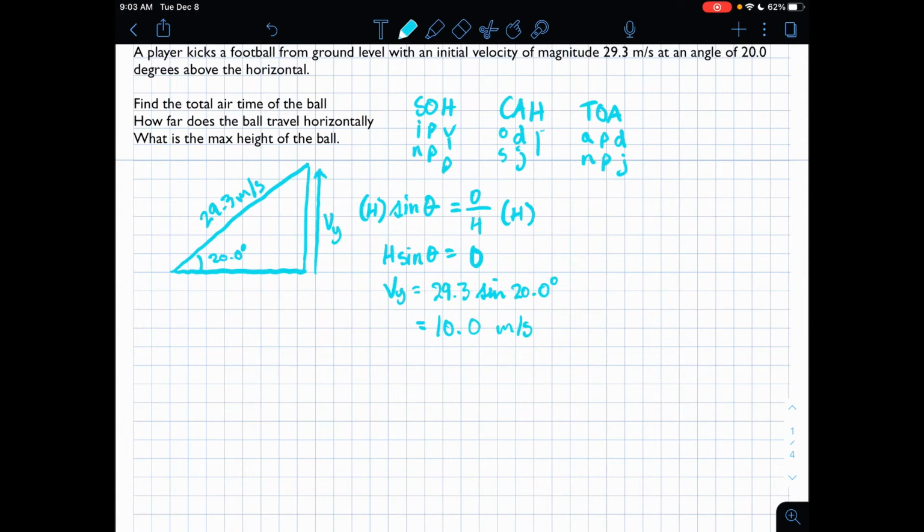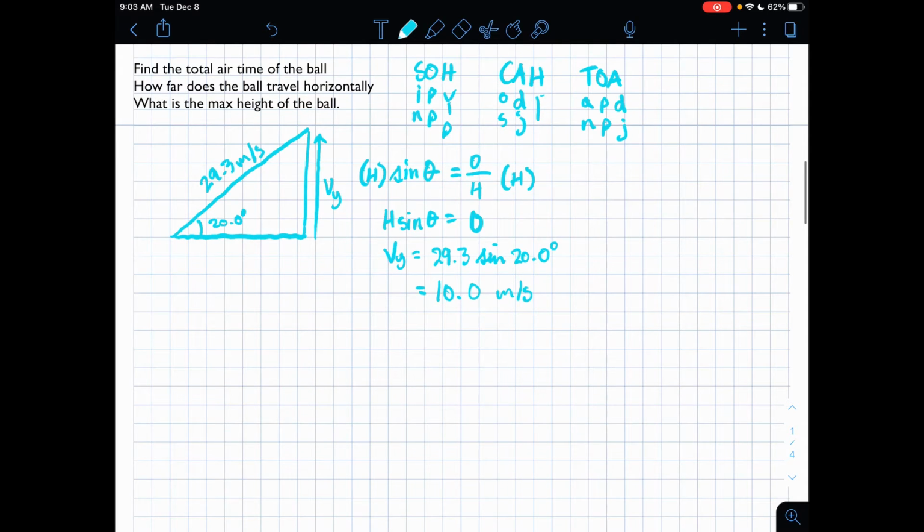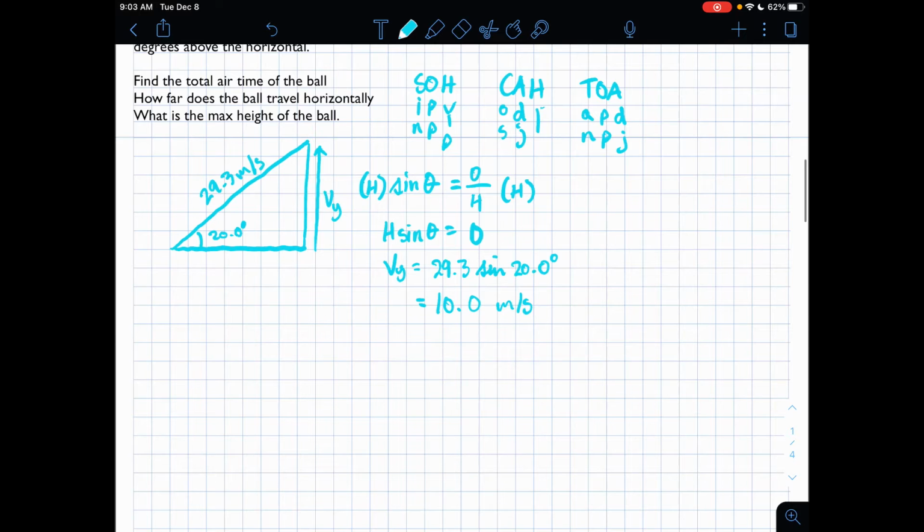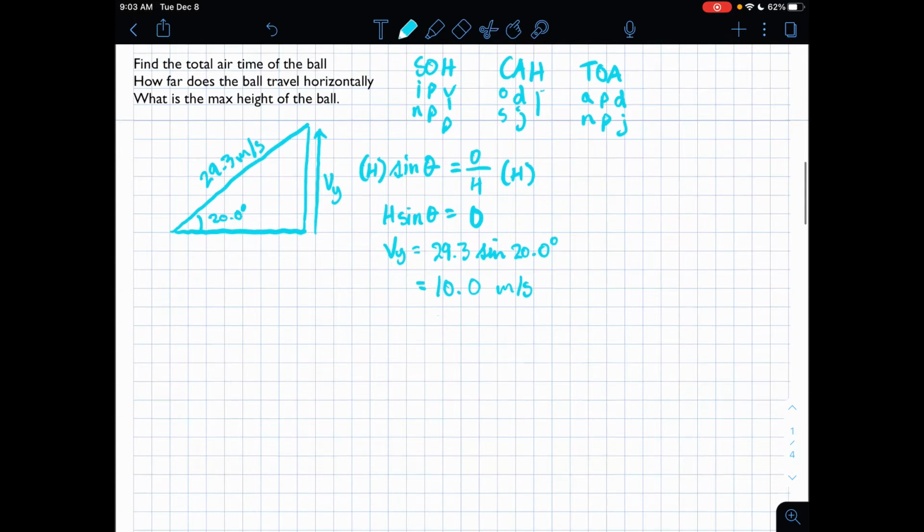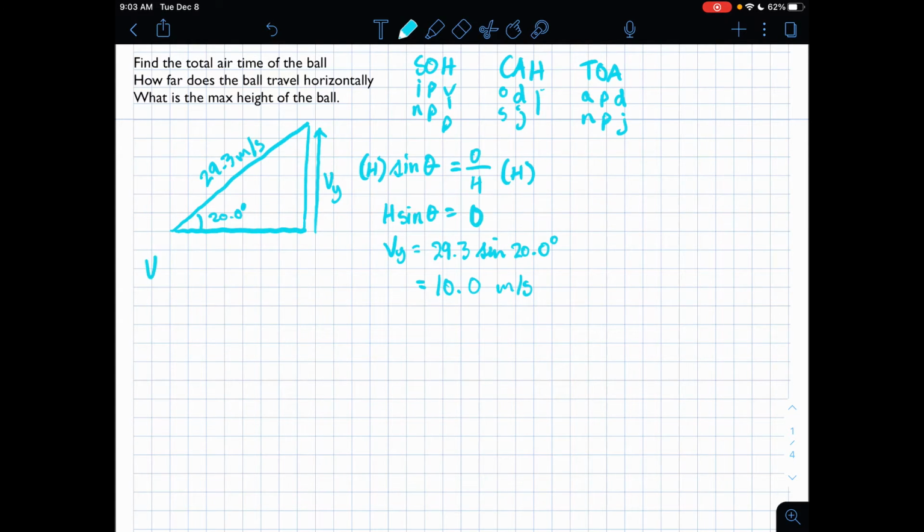All right, now that you have the initial vertical velocity, the equation you'd want to use to find the total airtime of the ball is Vf equals V naught, which is basically just V initial, plus at.